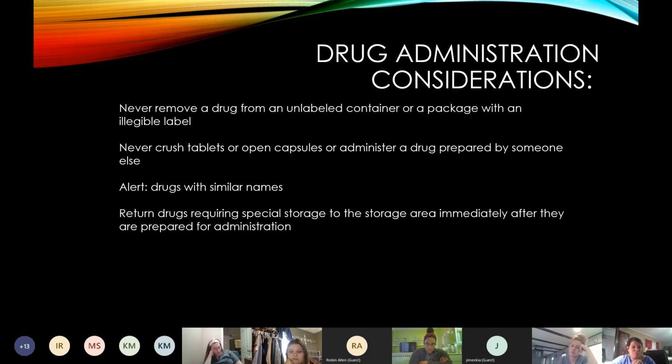So that's multiple drug errors we've talked about just right here. Return drugs requiring special storage to the storage area immediately after they're prepared for administration. So we talked about that. That's specifically like our insulins and different things like that that need to be refrigerated. Think I've gone home with insulin in my pocket before? Had to bring it back up? Yep.